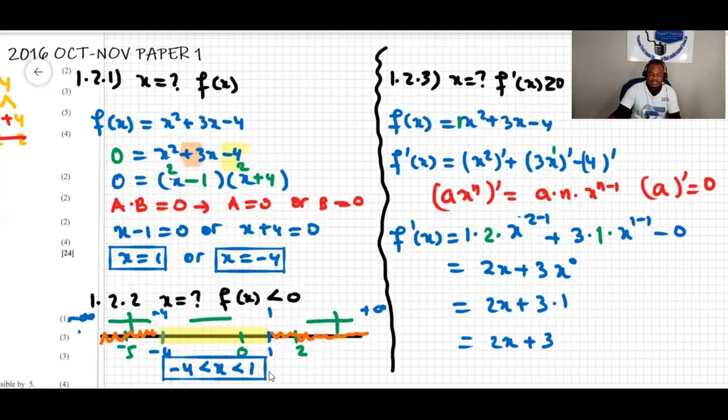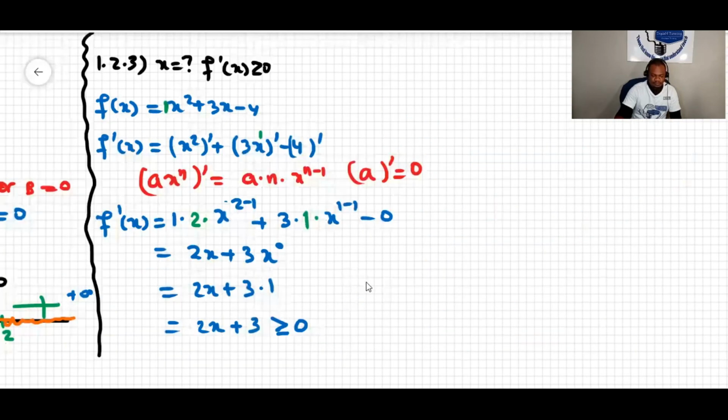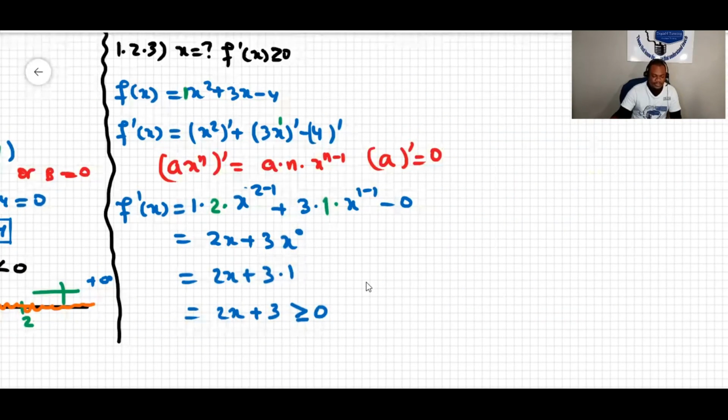Now we want the derivative to be greater than or equal to 0. So this means 2x plus 3 is greater than or equal to 0, which means 2x is greater than or equal to negative 3.